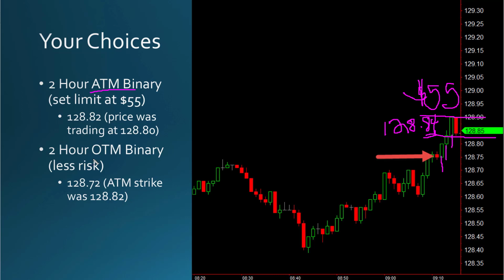And again, the out of the money, you just set your limit order. This would probably have a risk of about $35. It could have been $25. But again, you just set your price in there, and more than likely, you will get filled.